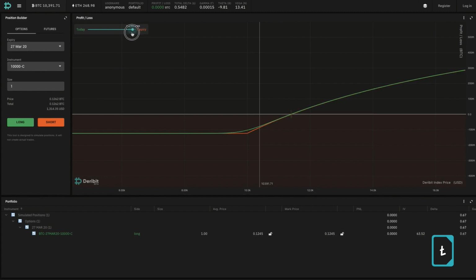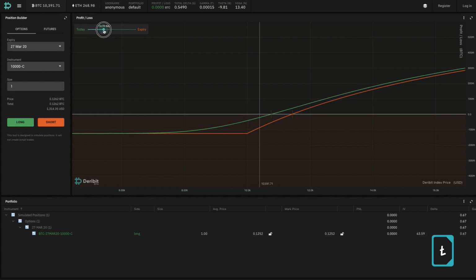This contract is going to change in value and get closer and closer to the red line as that day comes into fruition, because there's this time component that's really important to understand in options, to establish the time value of that contract. It diminishes over time, and therefore you get that theta decay in the option itself. So that's what we're tracking there between the green line and the red line.